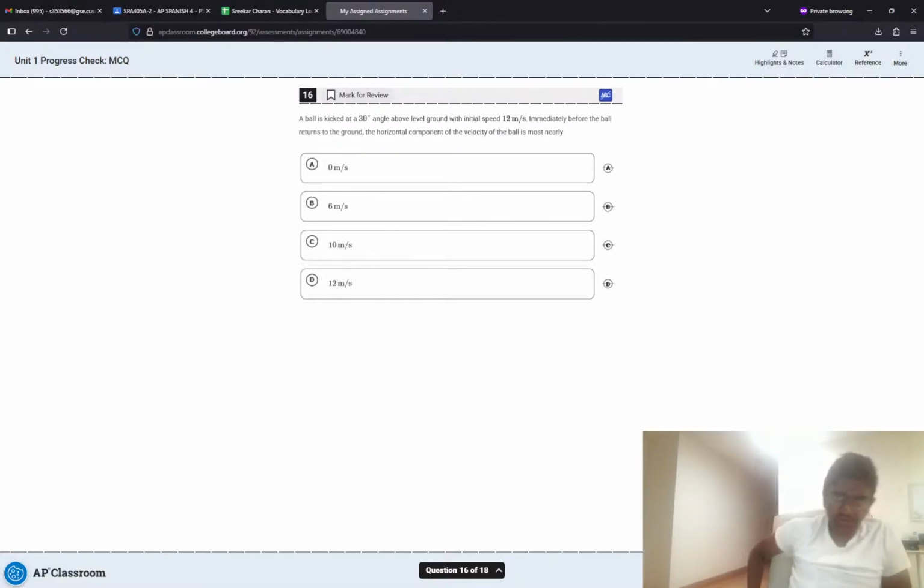A ball is kicked at a 30-degree angle above level ground with initial speed 12 meters per second, immediately before the ball returns to the ground.